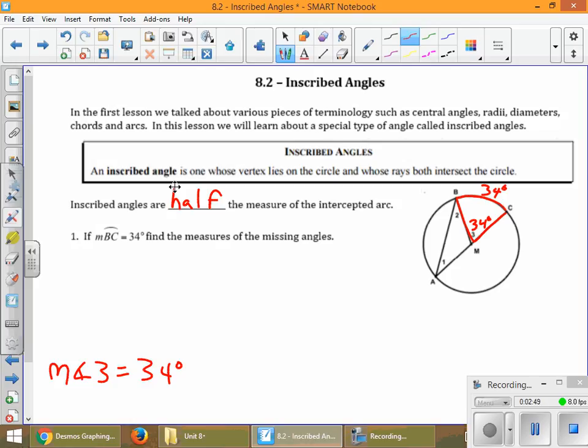The next one that would be easy to see is angle 1, sorry, the measure of angle 1. Let's outline angle 1. Here's angle 1, there's one of its rays, there's its other.